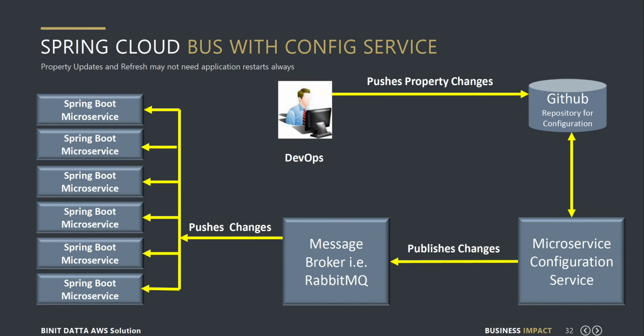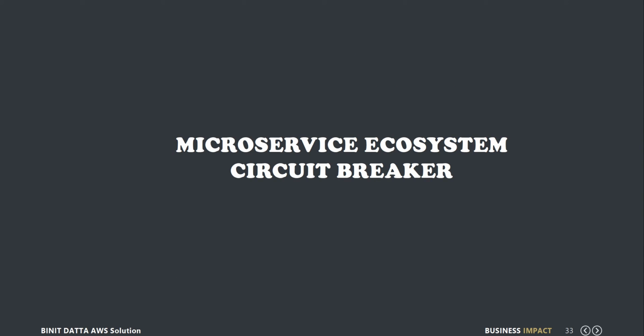If you have RabbitMQ in between the microservices and the configuration service, RabbitMQ can get a message from the configuration service, and all the microservices can act like listeners, listening to RabbitMQ, and whenever properties change, they can act on that without even getting restarted. That's a very efficient advantage of the Spring Cloud remote config service. So that's just another option.